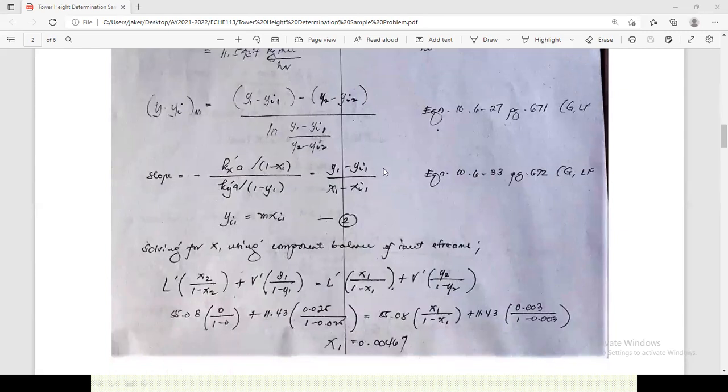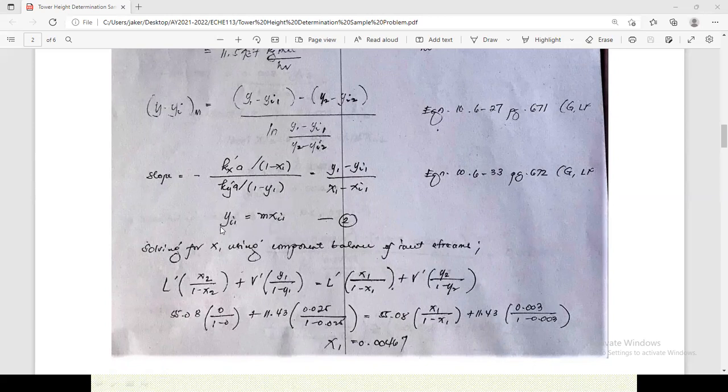Now in here, you could see that you have two unknowns, y sub i1 and x sub i1. So meaning, using this equation alone, you won't be able to find y sub i1, which you need here, because you need x sub i1. The equation that you could use relating y sub i1 to x sub i1 is the equilibrium equation, y sub i1 equal to m x sub i1, or simply your y equals mx equation.